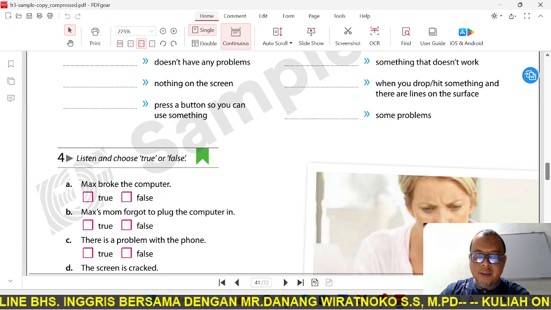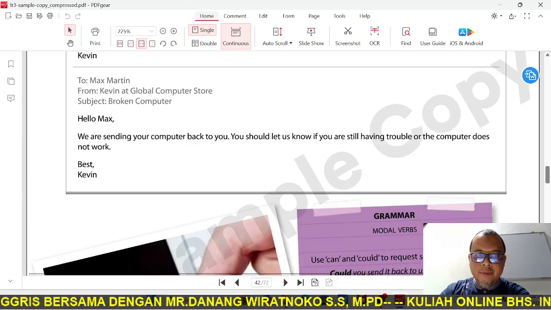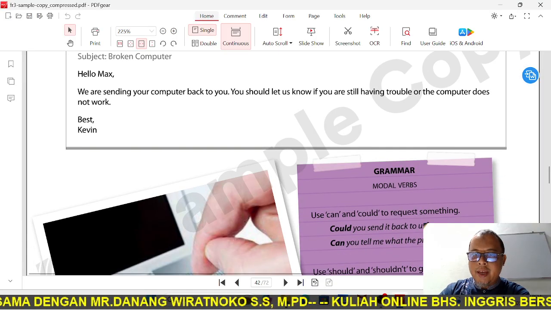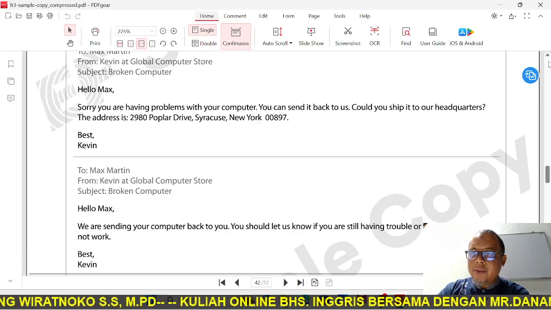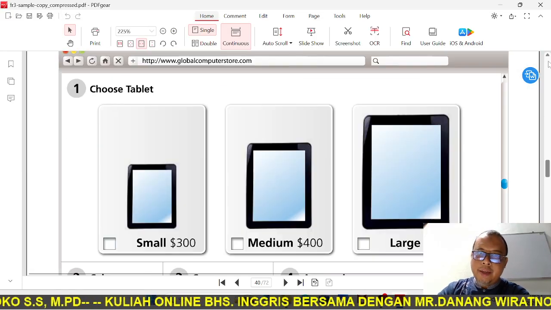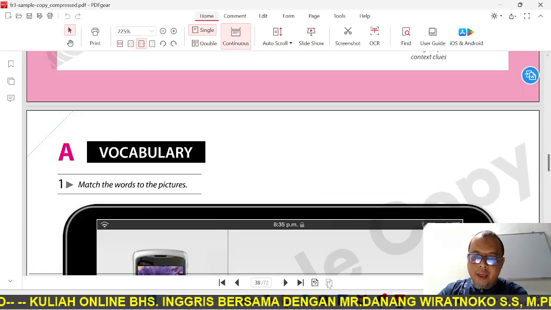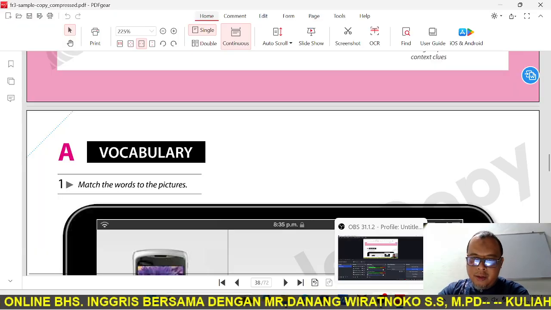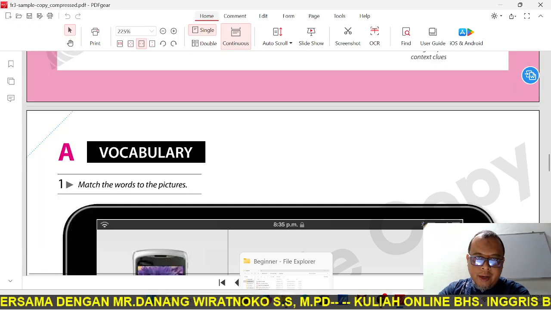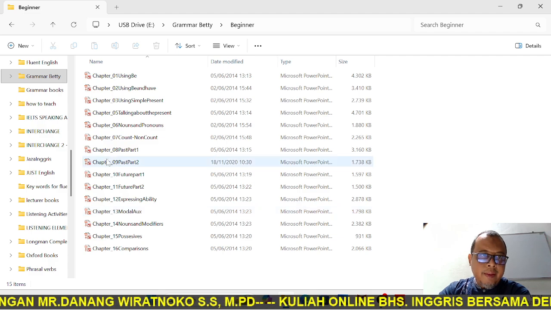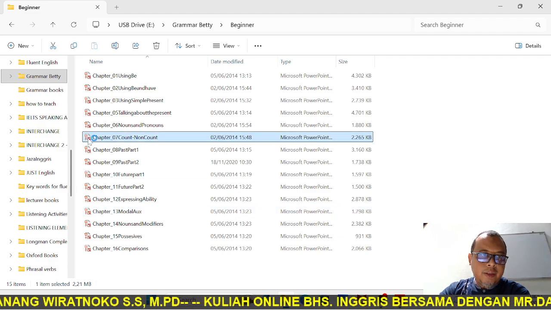We have here grammar, oh, modal verb. So modal verb and comparison, and also countable and uncountable. Okay, without further ado, I will open the first one, the countable and uncountable chapter.